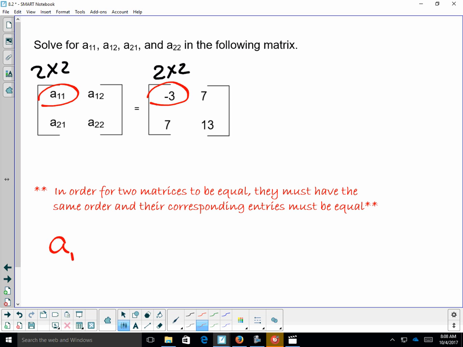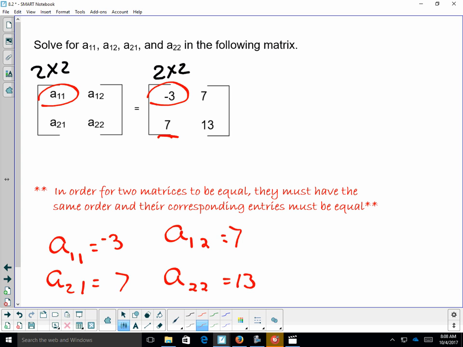So A 1,1 would have to equal -3. The element in row 2, column 1 would have to equal 7. The element in row 1, column 2 would have to be 7, and the element in row 2, column 2 would have to be 13. That would make those two matrices equal.